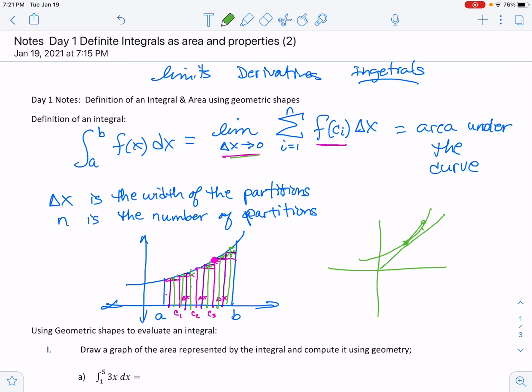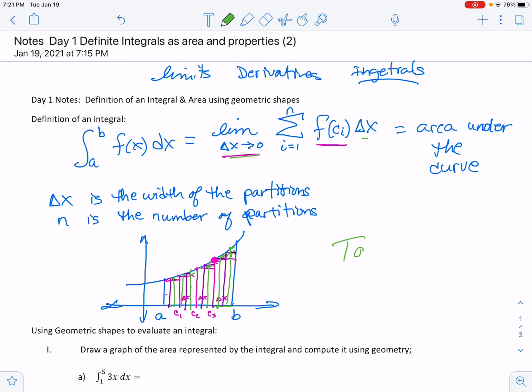You were using 2 points and figuring out the slope, and the difference between them approached 0. Only this time we're adding up partitions. One day we're going to do Riemann sums, and they really are partitions. So the way to get more accurate is to have n be huge, okay? So as delta x gets tiny and you're adding them all up, you're going to be more and more accurate.